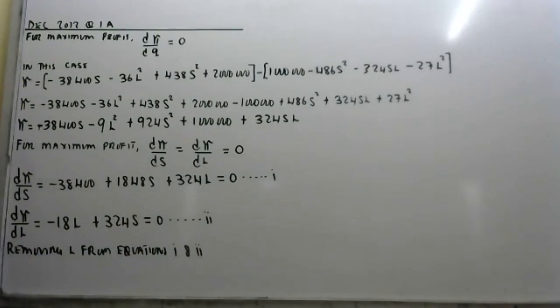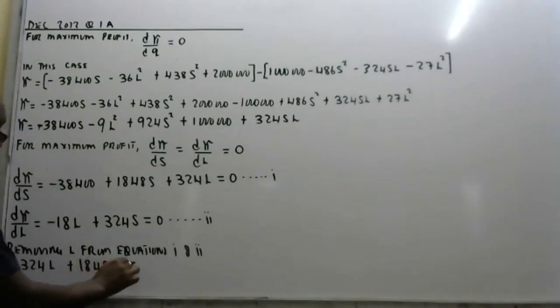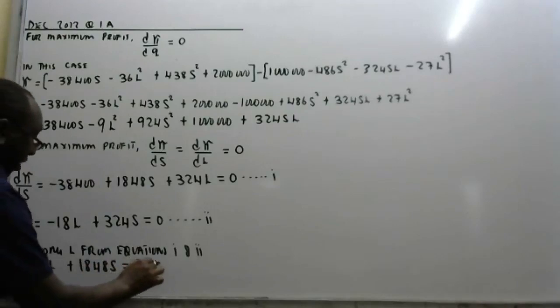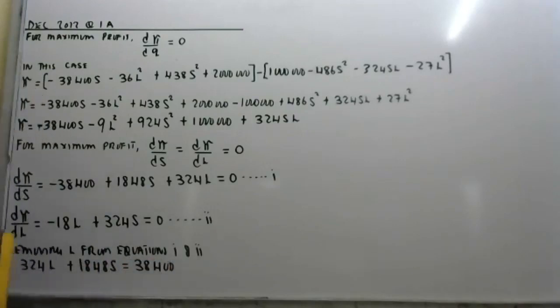This one, I can write it this way. I can write 324L plus 1848S is equal to 38,400. I hope you're able to see that.